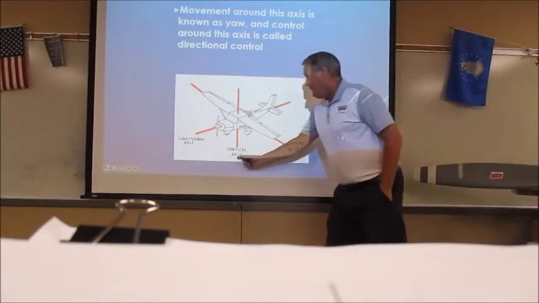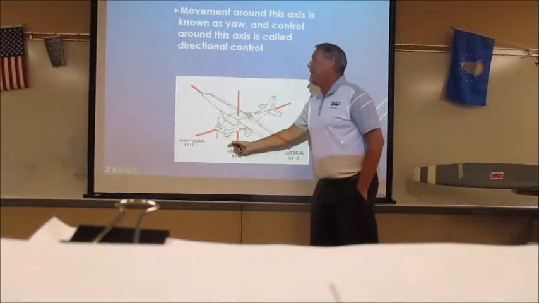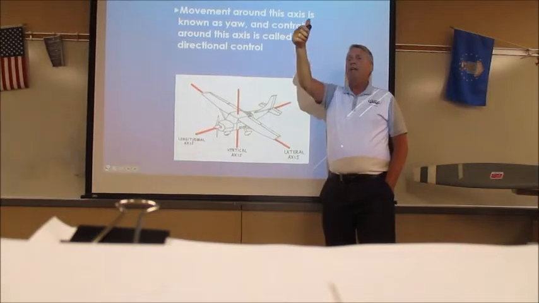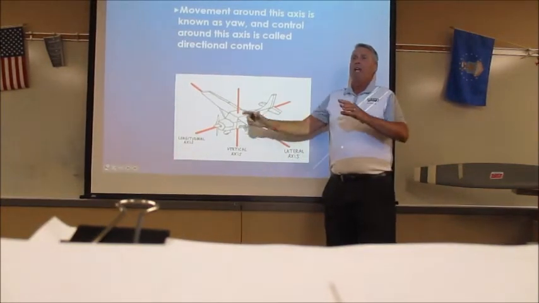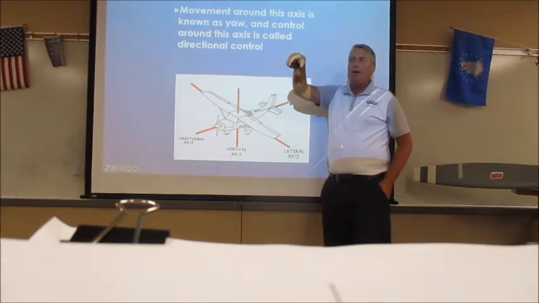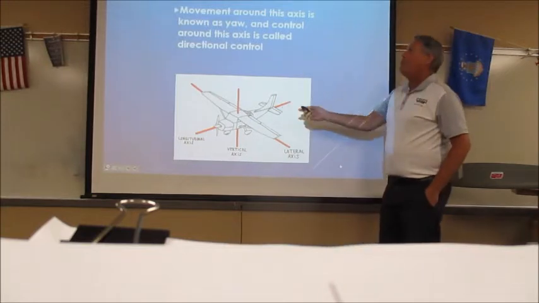Now, the last axis of flight is the vertical axis. It's coming up through the aircraft, and they all meet at the center of gravity. So what's going to control our airplane on the vertical axis? The rudder.